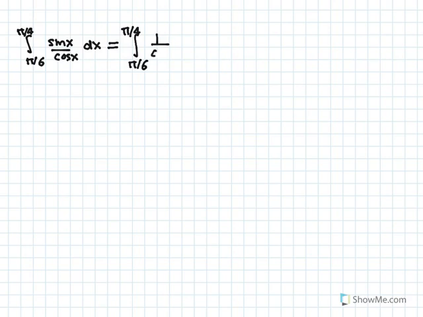All right. So what we have is the integral from pi over 6 to pi over 4 of sin x over cos x dx. We can rewrite this as the integral from pi over 6 to pi over 4 of 1 over cos x times sin x dx. Our substitution is u is equal to cos x.